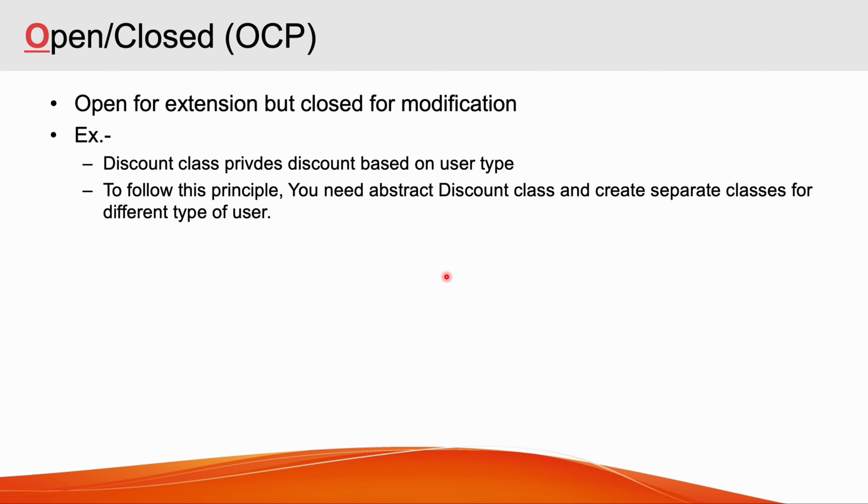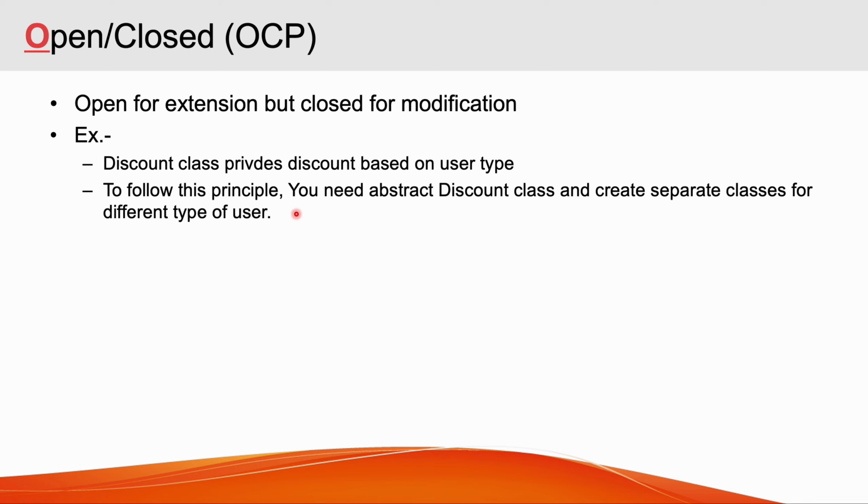So you have created one class with a give discount method, and you get the customer and the price, and you have to write if conditions: if the user is this, then give this discount. In this case, whenever you want to add a new user type, you have to touch that class, and that is why it violates the open closed principle, right?